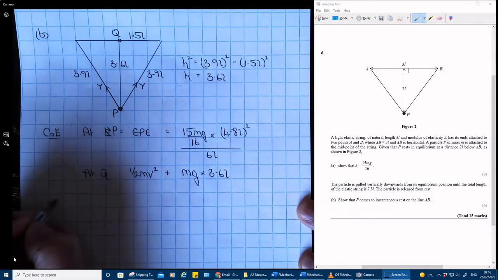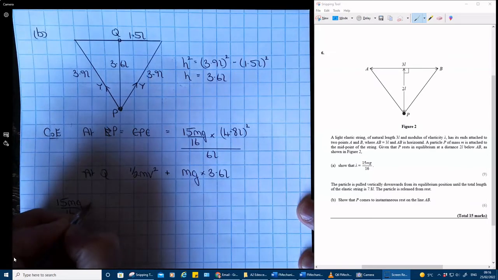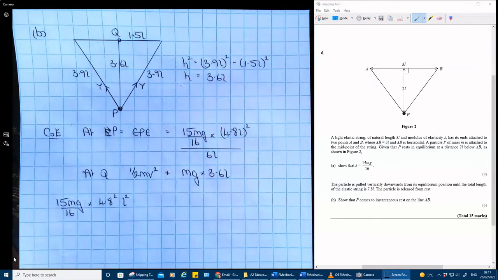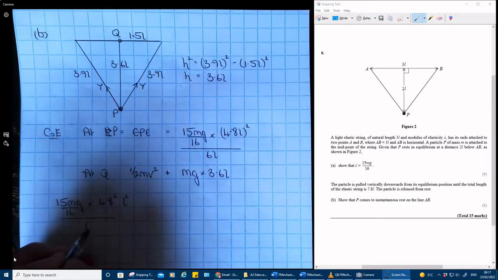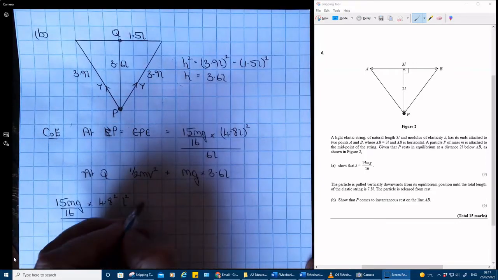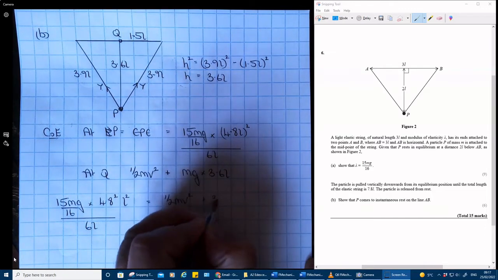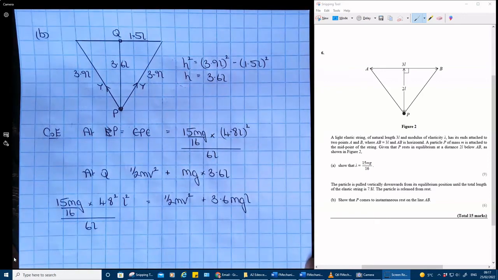So we've got 15 mg over 16 times 4.8 squared times L squared over 6L equals a half mv squared, 3.6 mgL.